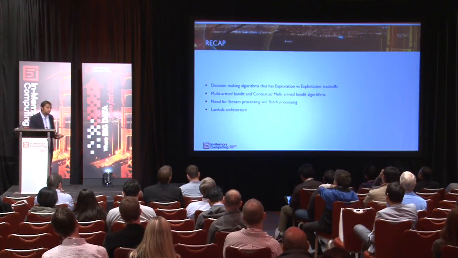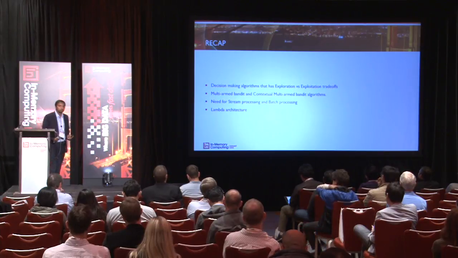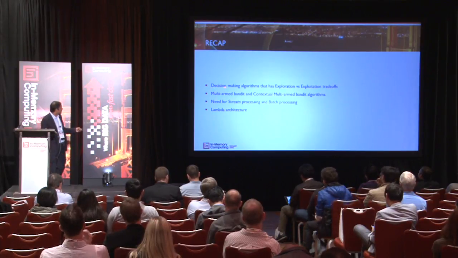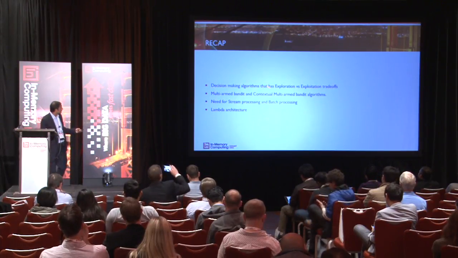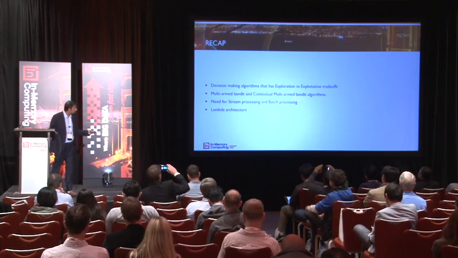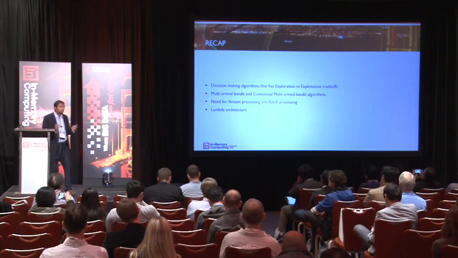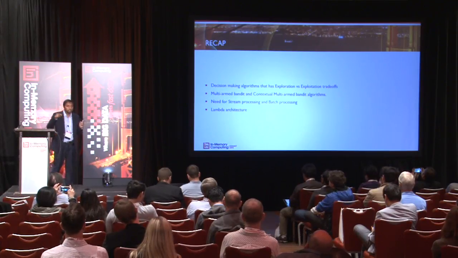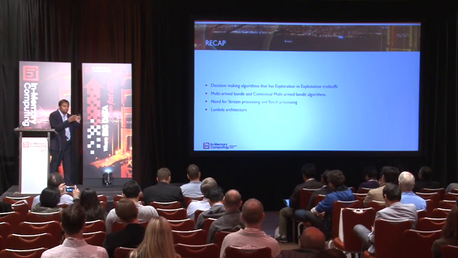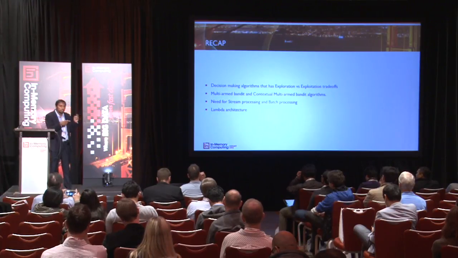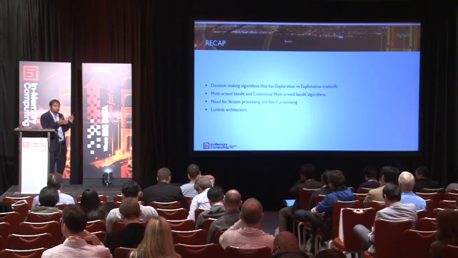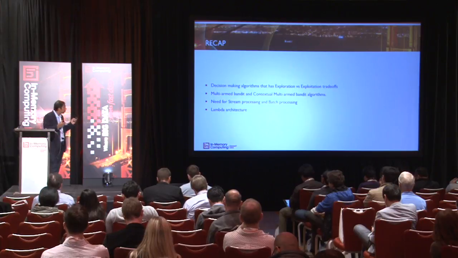So to make a quick recap of what we looked at: we looked at decision-making algorithms, and we looked at exploration and exploitation trade-offs. When we explore, we have a lot of information, we want to process it faster, and stream processing helps in processing things faster and then updating those models.